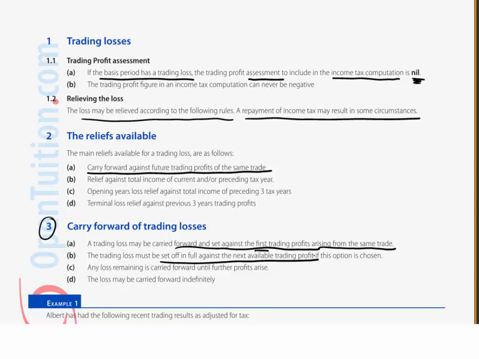You cannot say in any future tax year, oh, this profit is so small, I don't think I'll bother using up that brought forward loss from the earlier year. You do not have that option. It will be set off against the next available future trading profit of the same trade.